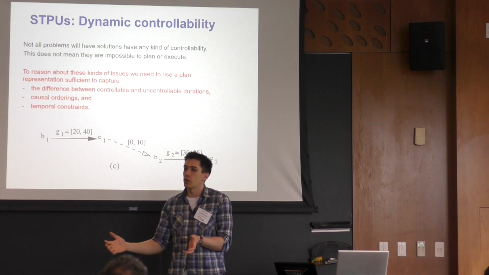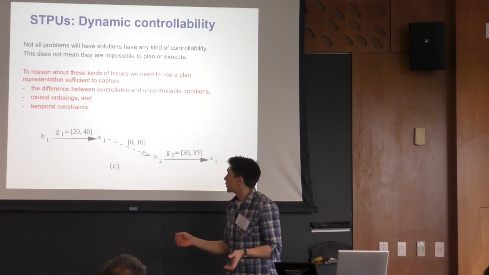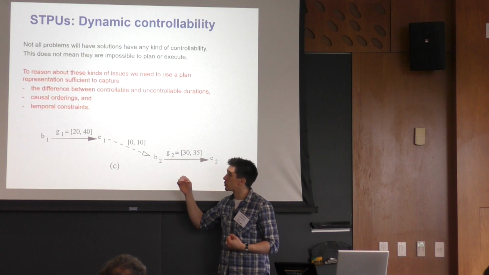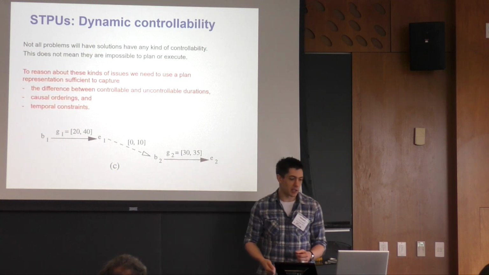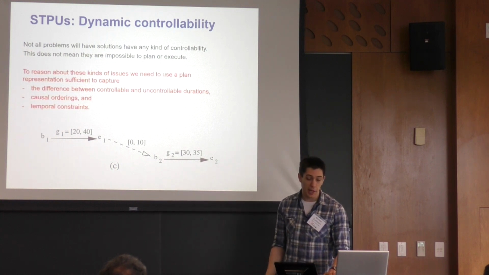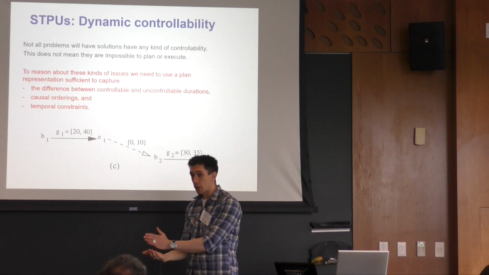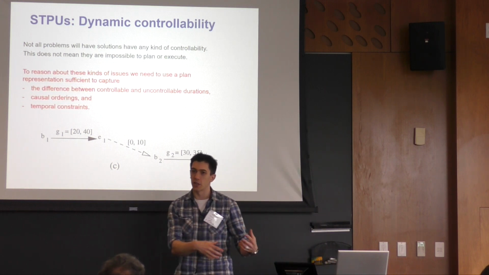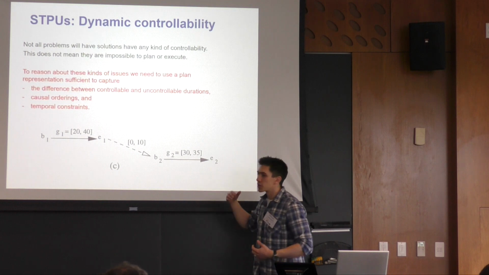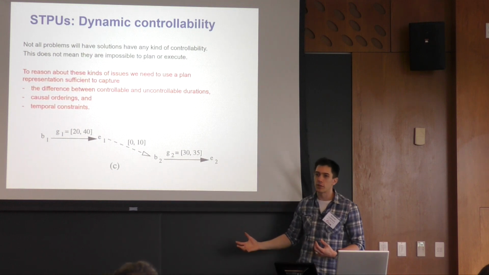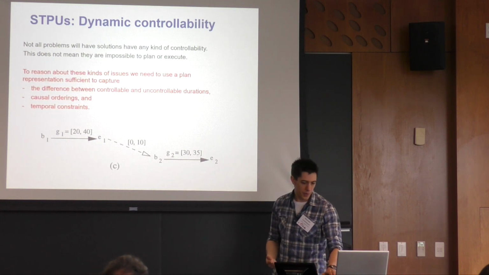Some actions you can choose how long they are. We need to be able to talk about causal orderings between the actions and the temporal constraints and coordination that's inside the plan. The planner knows about these constraints. They're modeled in the domain and the problem file, but they need to be made explicit in the plan itself for execution.